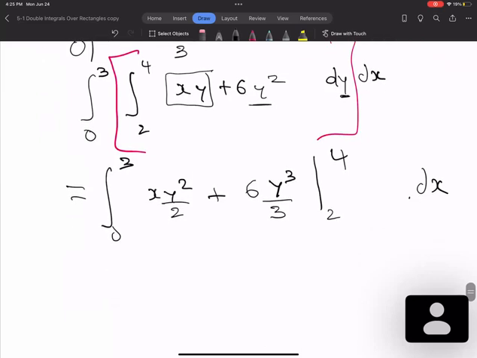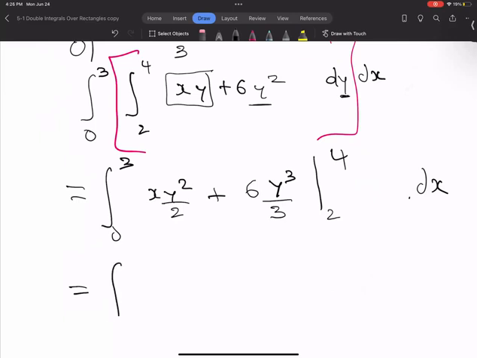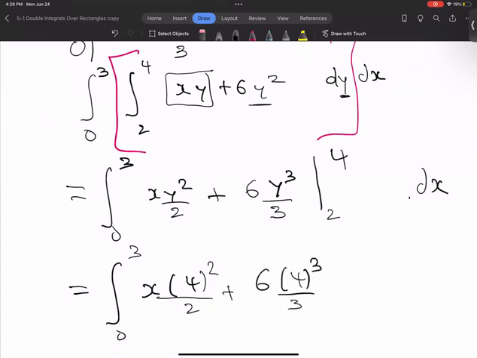Okay? So I need to evaluate on y, right? So I have the integral between 0 and 3, and then x times 4 squared divided by 2 plus 6 times 4 cubed divided by 3, minus, and then you evaluate at 2: 4x divided by 2 plus 6 times 2 cubed divided by 3.